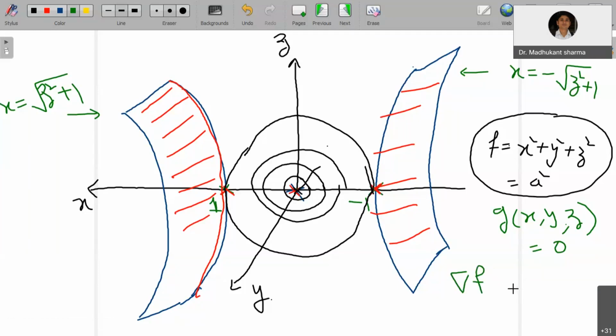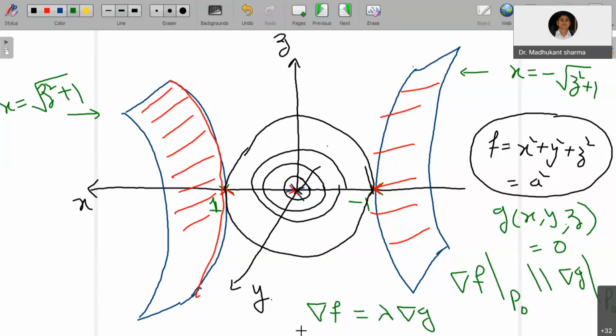So grad f will give you the normal at any point of the sphere. Grad f at that point of extremum p naught must be parallel to grad g at p naught, and p naught is what you need to determine. When you know these two vectors are parallel, you know that one is a scalar multiple of the other.